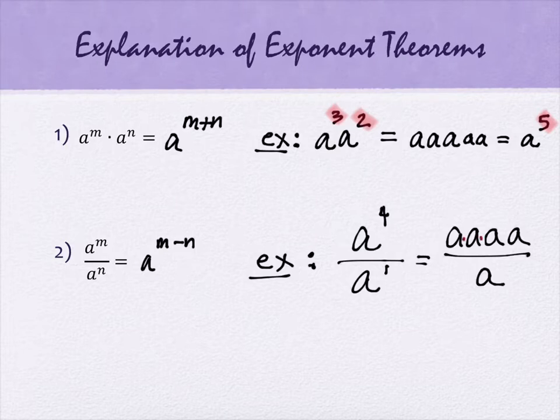I mean, we don't put the dot a lot of times when it's just variables or letters, but they are multiplied together. And so what can we do with the a on the top and the a on the bottom? Yeah, we reduce them. Looks like cancellation. So I'm left with how many a's on top? 3. And again, how do you get from 4 and 1 to 3? You subtract. Yeah.